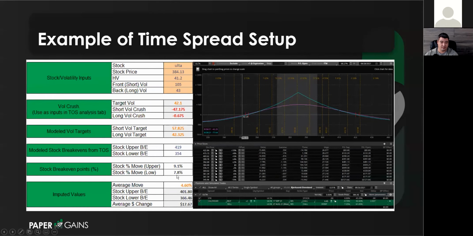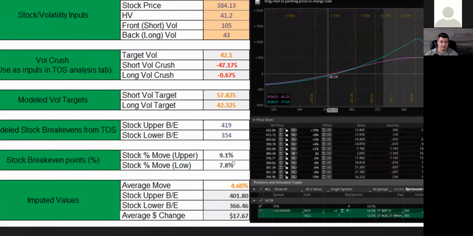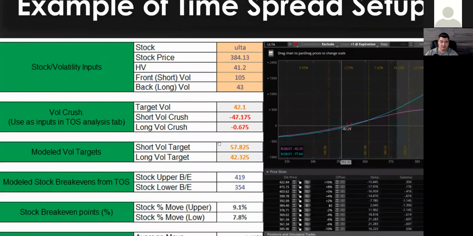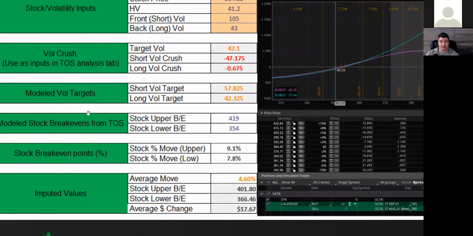We'll have our average moves that the stock typically makes, 9%. This is so imputed values is like what the averages are. So the average move is 4%, which would have put this, Ulta, at 401 or 366 to the downside, even an average move in either direction. The trade that we put together after we had that home screen view gave us these 2 break evens.